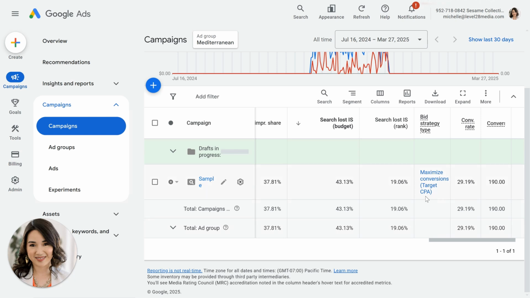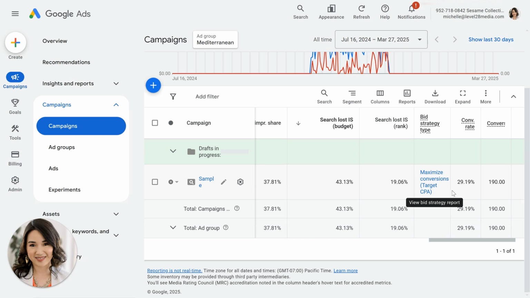Because if I have a very aggressive target cost per acquisition goal set on my campaign and Google's not able to bid high enough because of that goal, then it's going to cap me out and I'm going to be losing out on impressions because of my cost per acquisition goal hindering me.